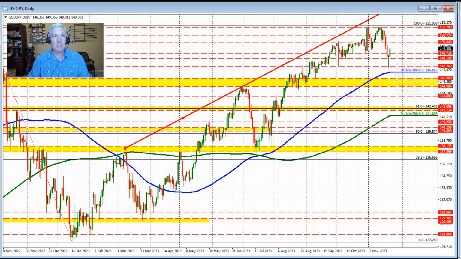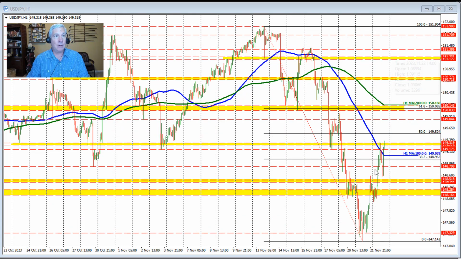It's taking the price back above swing levels, including this level at 148.15, and we're also moving above this level at 148.73. So we are seeing a rotation more to the upside here on the daily chart, and that is pushing the pair back above some technical levels.